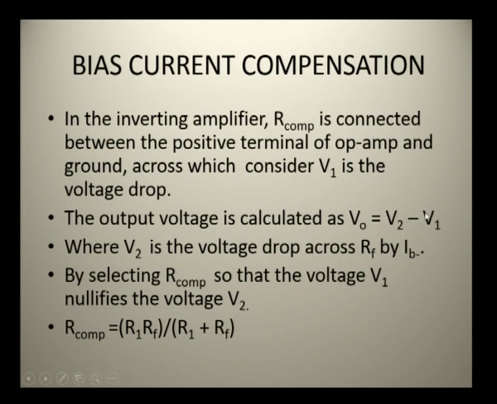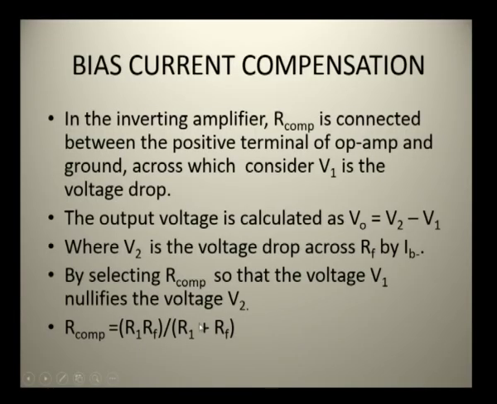This V1 is the voltage drop across the R compensation. So by selecting the value of R compensation, this V1 will be such that it nullifies this V2, and so the output voltage is equal to 0 in the case of 0 input signal. So if you use the R compensation, we can nullify the effect of the input bias current.